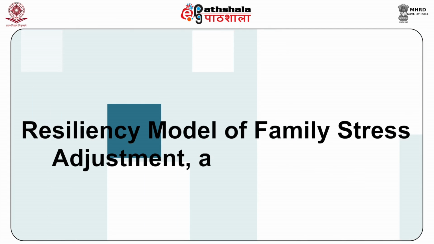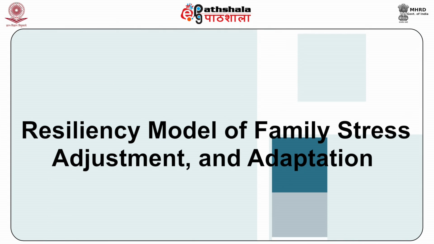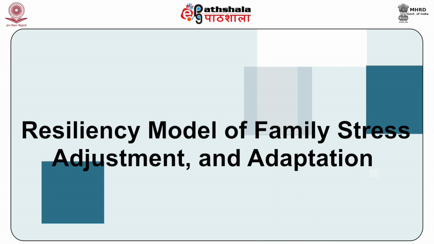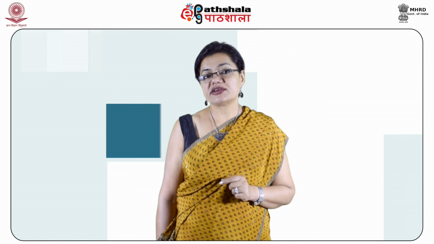Moving on to the resiliency model of family stress, adjustment and adaptation. Family adaptation is described in this model as the outcome of the family's efforts over time to bring a fit at two levels, the individual to family and the family to the community.